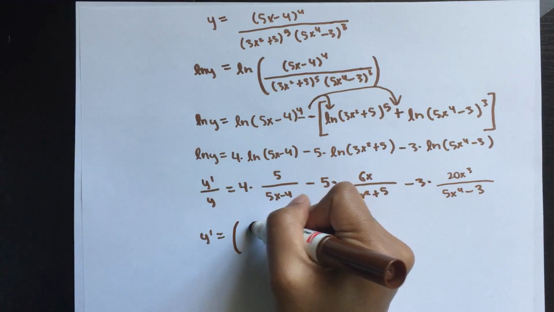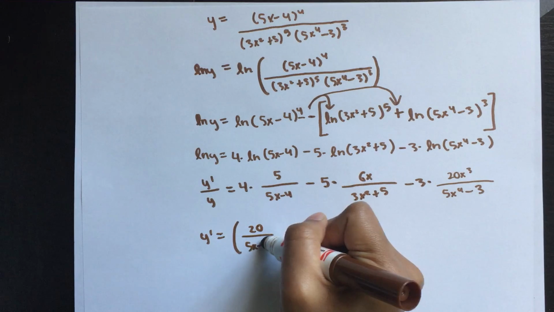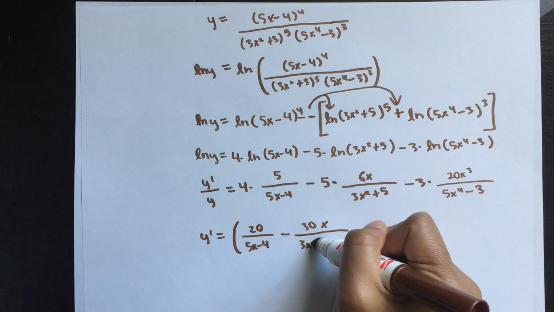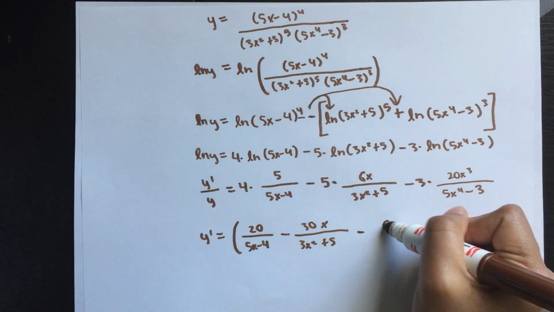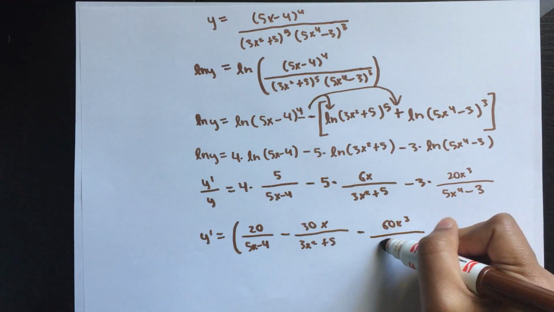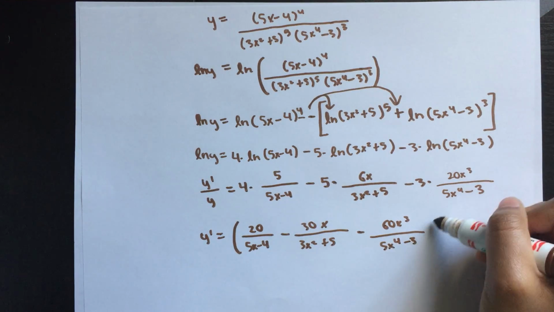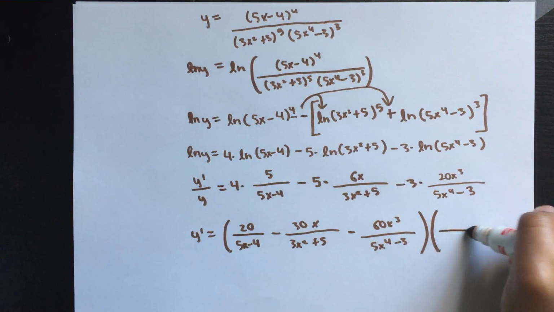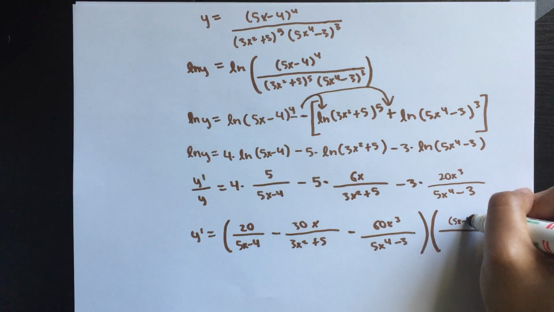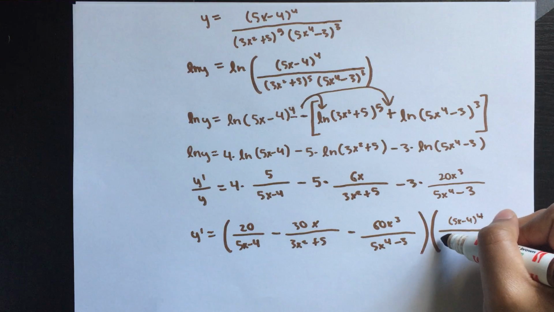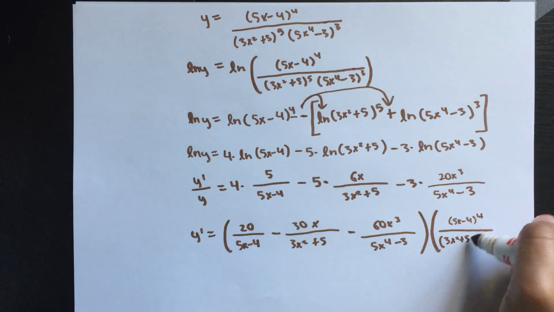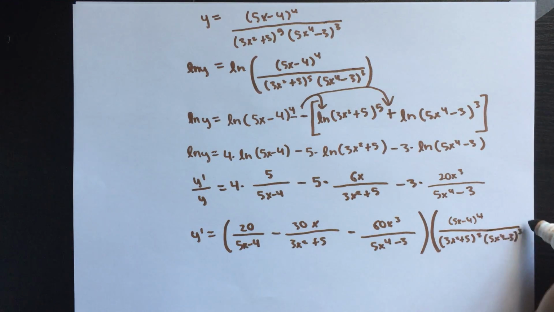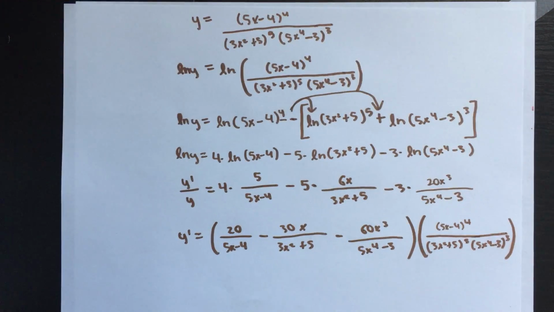So we get 20 over 5x minus 4 minus 30x over 3x squared plus 5 minus 60x cubed over 5x to the fourth minus 3, all times y, which is (5x minus 4) to the fourth over (3x squared plus 5) to the fifth times (5x to the fourth minus 3) to the third. And this is our answer.